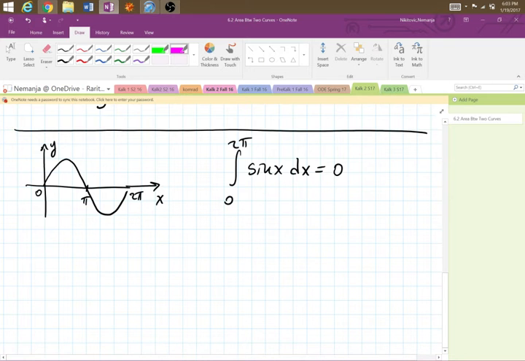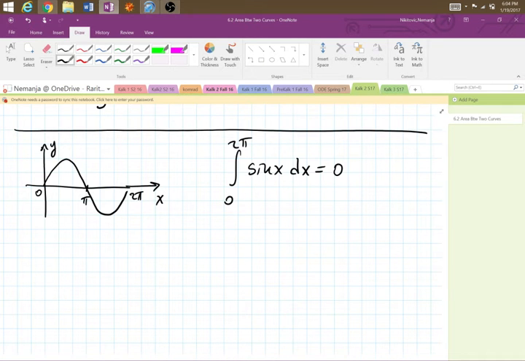So what you are going to do is split this into 2 integrals, because the integral above the x-axis will give you positive area, and the one below will give you negative, and in this case, because they're the same, they actually cancel out.